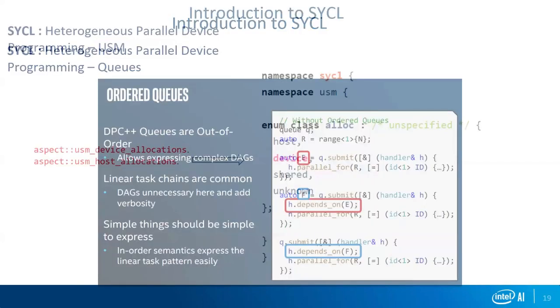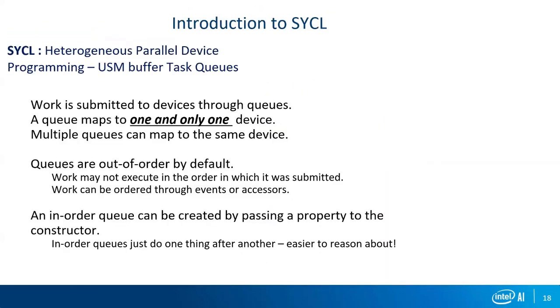In the next case, we are going to learn a little bit about the principles of the queue, or the task orchestrator, or the command queues for USMs. Here work is submitted through queues.